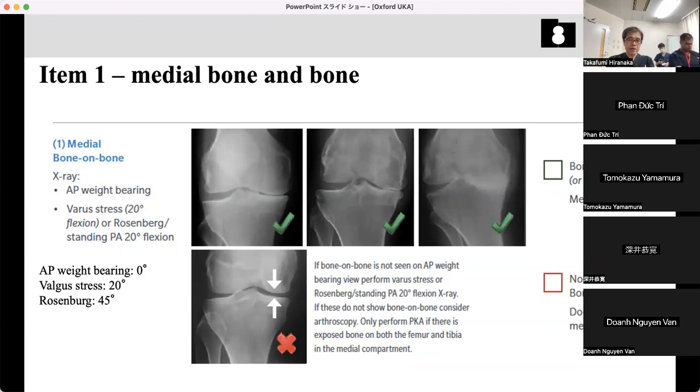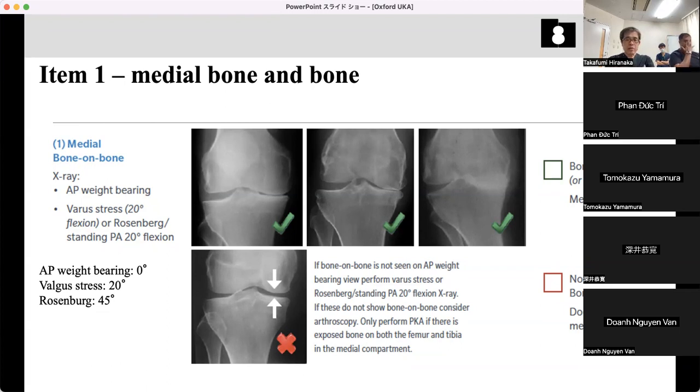because in this patient, the cause of pain is not only medial-sided osteoarthritis, but also hip disease or spinal disease. We should find other sources of pain.